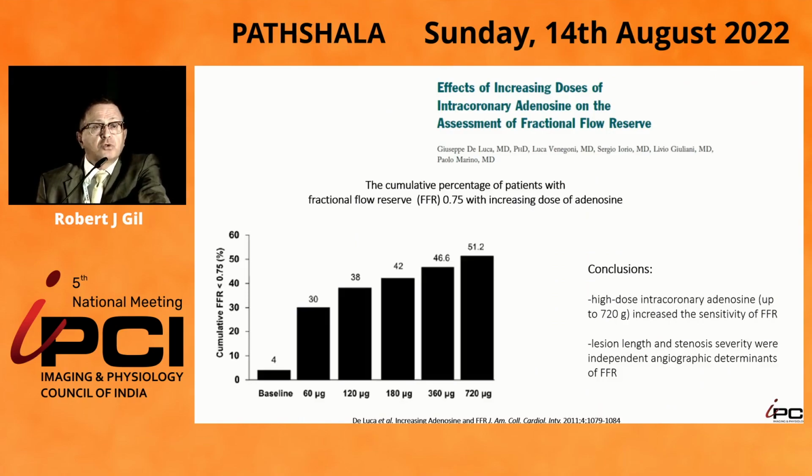In terms of doses, we also have to remember. I'm a little bit curious about this presentation, that 100 micrograms is enough for the right coronary artery and 200 for the left. I don't agree with you on this, because if you look at this slide, you see very clearly that there is a dependence between the dose and the results.